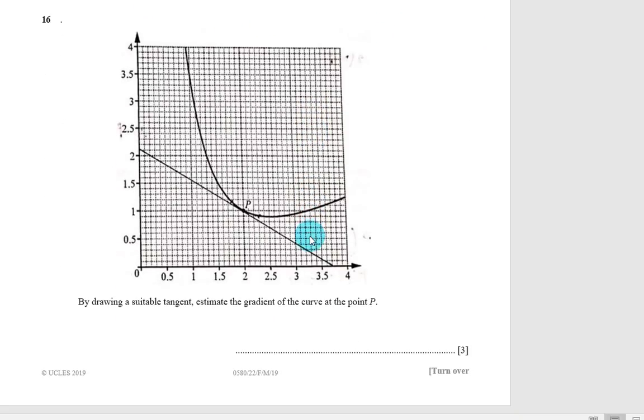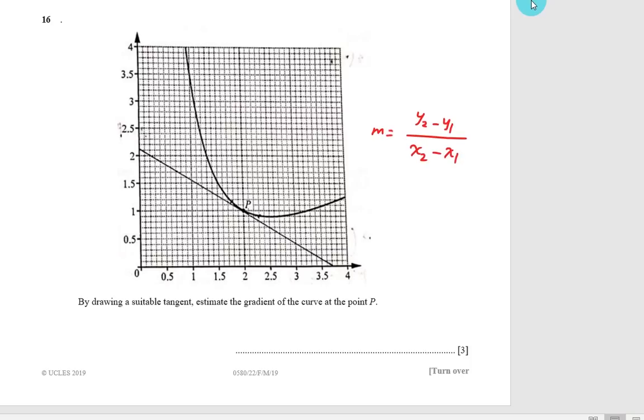By drawing a suitable tangent, estimate the gradient of the curve at the point B. We need the gradient of the curve. I already drew the tangent here to the curve. To find the gradient, M is equal to y2 minus y1 divided by x2 minus x1.